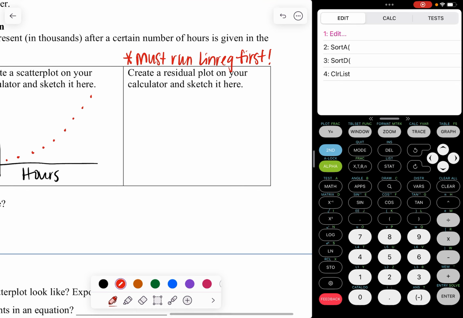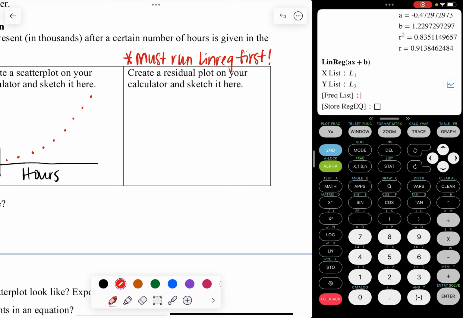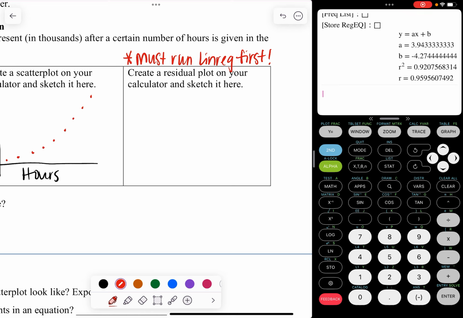So I'm going to do stat, calc, linear regression. I'm going to change mine because, again, I just have mine in a different place. If you don't, you don't have to. L4, delete, L3, and then I'm going to hit enter. I'm not even going to write this down because I really don't need it at this point, but I am going to now graph the residual plot.